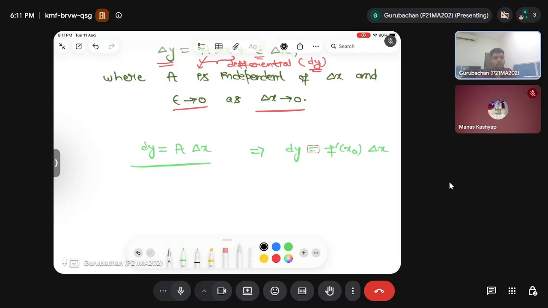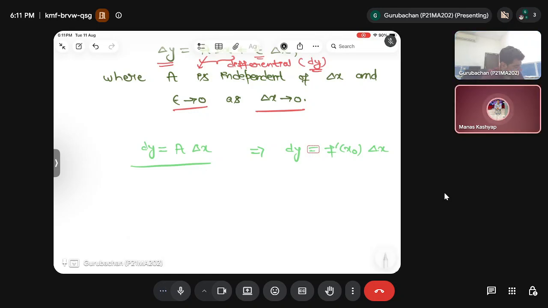I'm repeating it. What is the necessary and sufficient condition for a function to be differentiable at a point? So let me explicitly write it. It should be continuous. Okay, and that is a necessary condition.